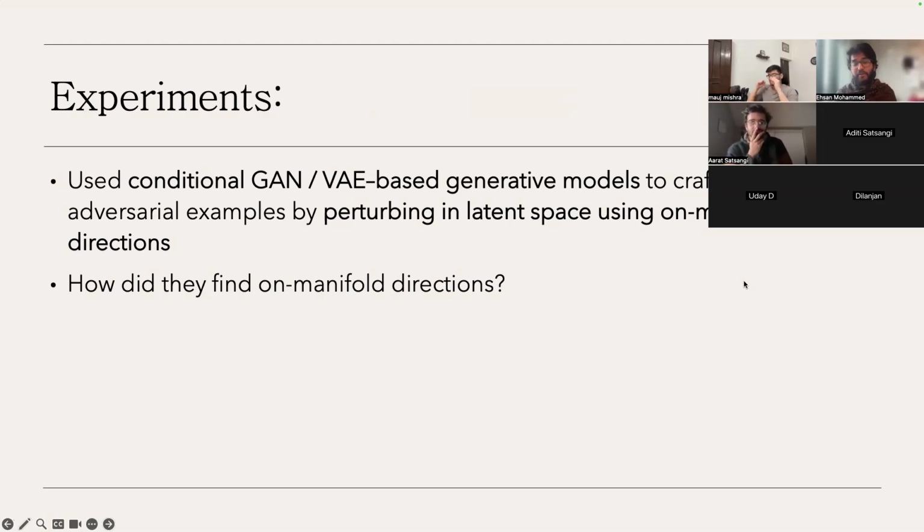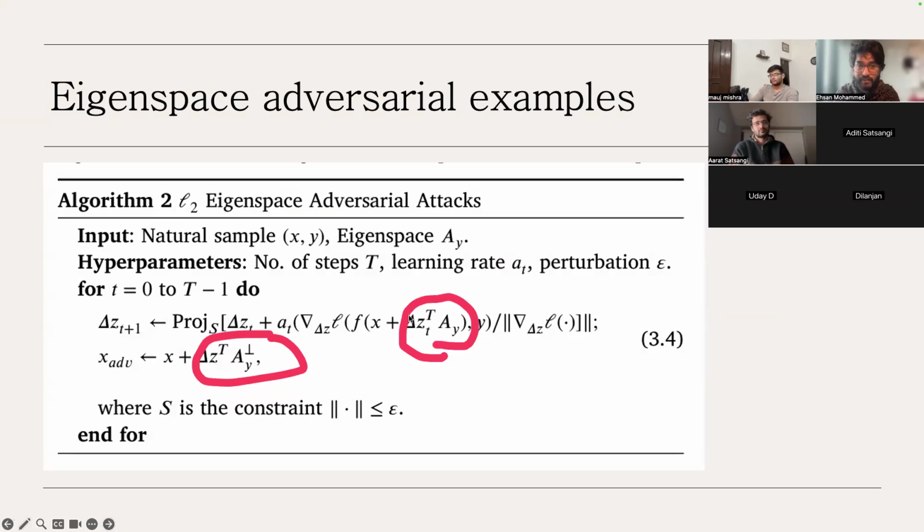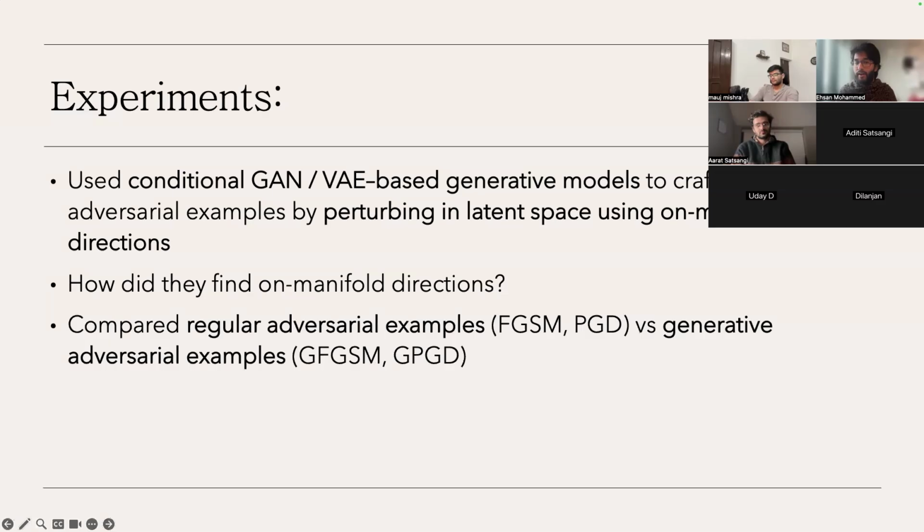So one logical question that will arise is, how do they find these on manifold directions, right? Like, how do they know that? I think we have kind of covered that, which is nothing but the eigenvalues of that latent space are going to show me. For this latent space, I'm going to project it on the eigenspace to identify which directions are the most prominent, less prominent, depending on the eigenvalues in the eigenvalue matrix.